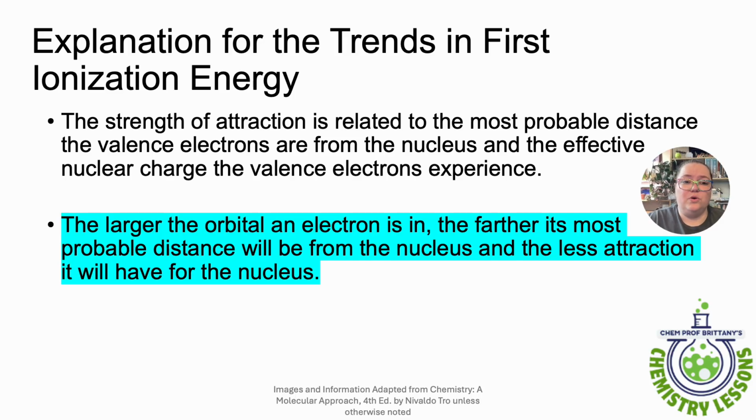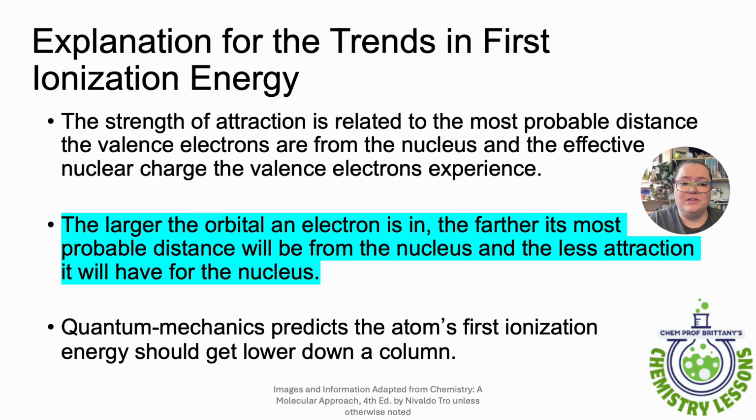So the larger the orbital an electron is in, the farther its most probable distance and the less attraction it's going to have for the nucleus. So quantum mechanics predicts that our first ionization energy should be lower as we go down a column.